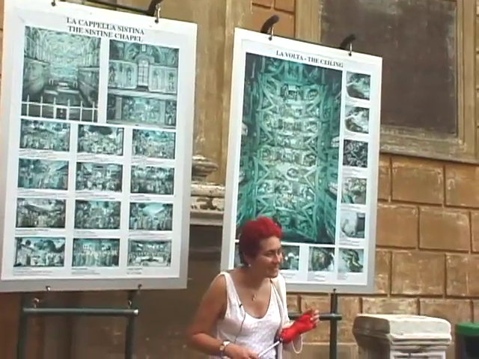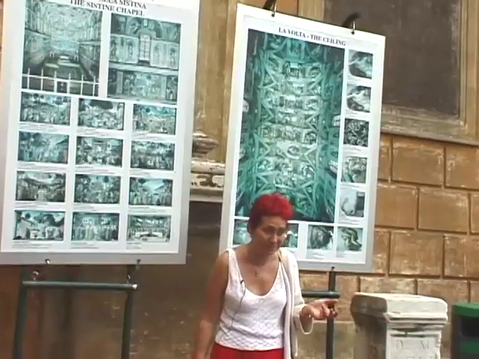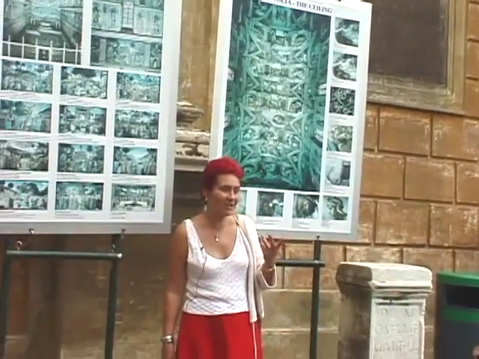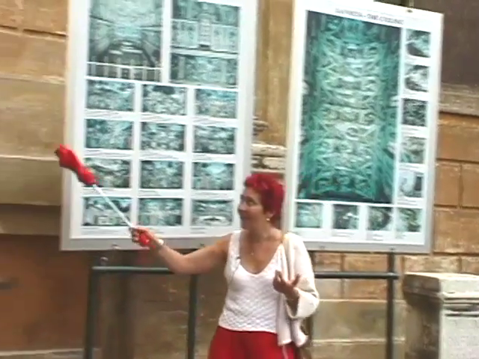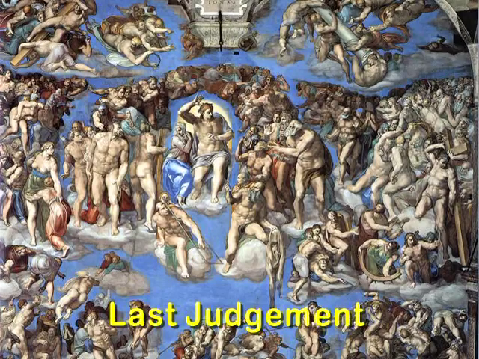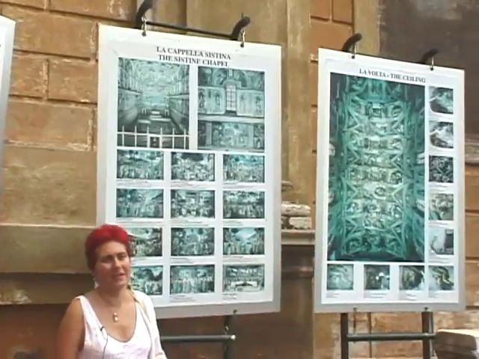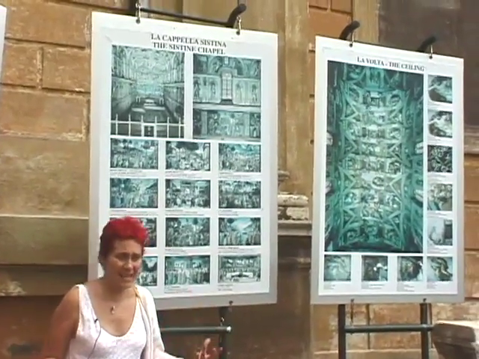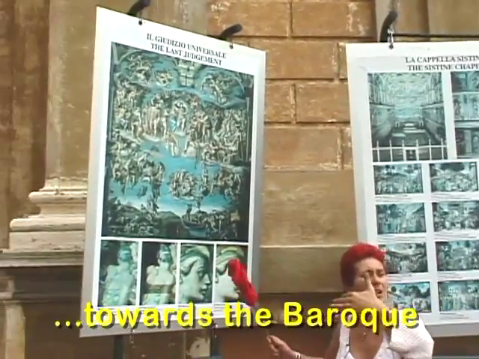30 years later, Michelangelo had to come back inside the Sistine Chapel for the last decoration work that was made inside the Sistine Chapel, the Last Judgment. The style changed completely. If in the ceiling we are still in the Renaissance period, here we are going to the Baroque.